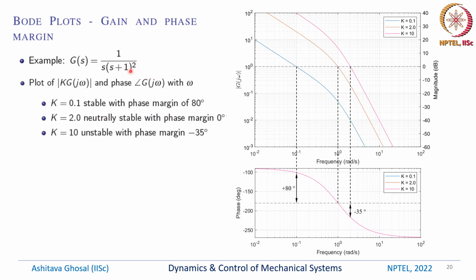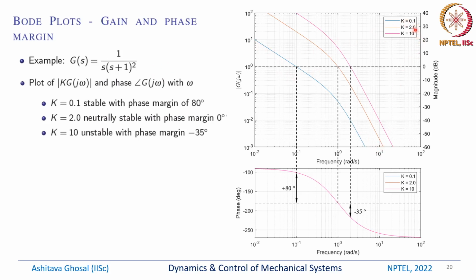So there is one which is like k divided by j omega. Then there is one which is 1 by (s plus 1) or something like that. And then there is one which is 1 by (s plus 1) whole square. So you can do partial fractions of this. We will get a plot of magnitude when k is 0.1, which is this blue line.